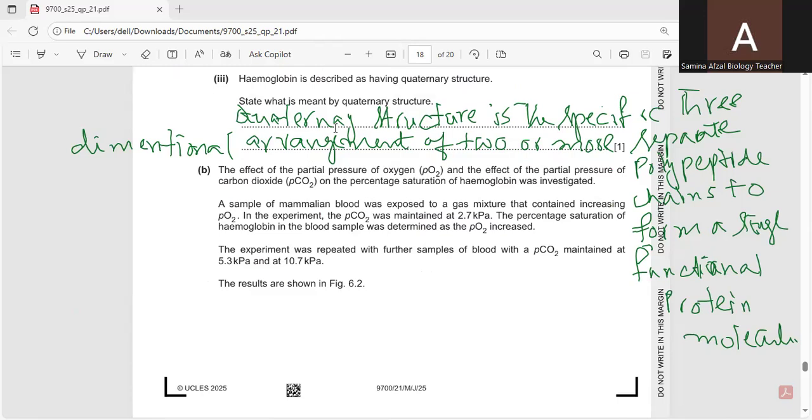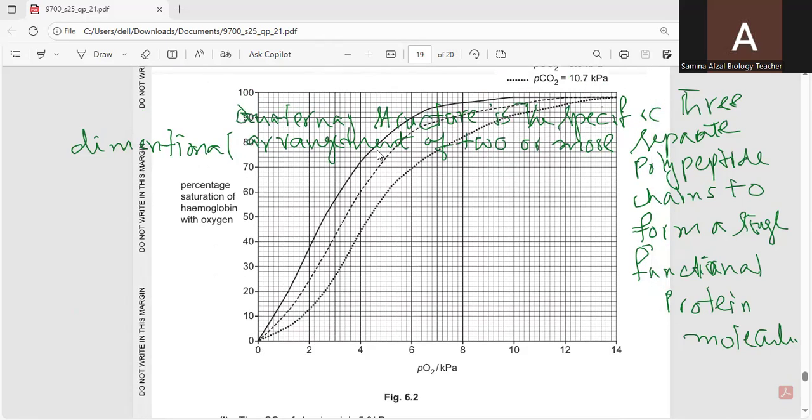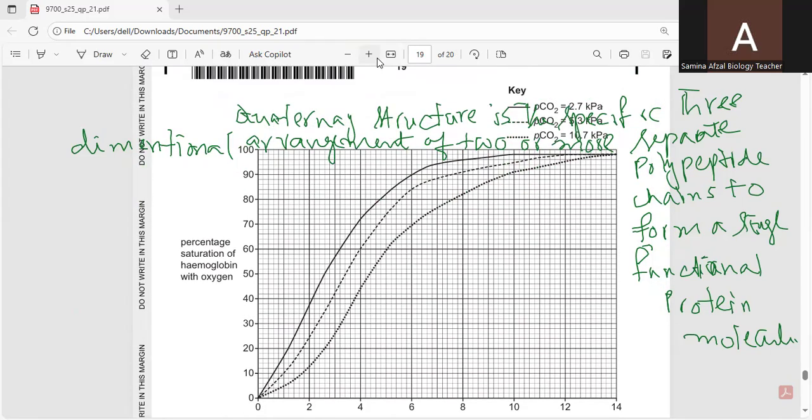The percentage saturation of the hemoglobin in the blood sample was determined as the partial pressure of oxygen increased. The experiment was repeated with further samples of blood with partial pressure of carbon dioxide maintained at 5.3 kilopascals and at 10.7 kilopascals.